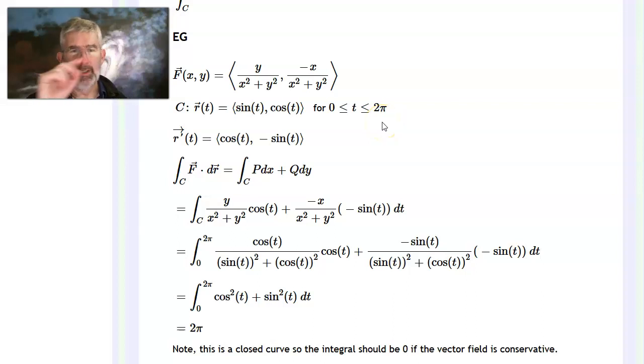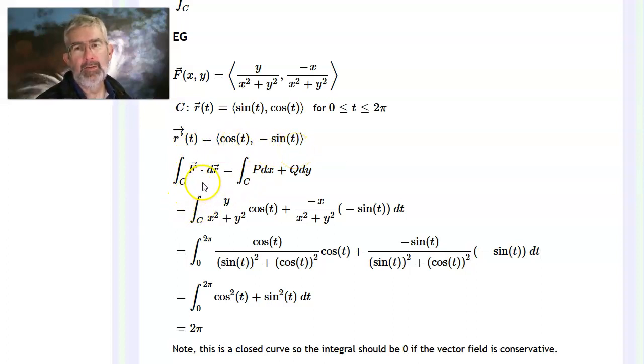This starts up on the y-axis and goes clockwise around the unit circle once. It starts and ends at the point (0, 1). If this is the parameterization sine t, cos t, then the derivative is cos t, minus sine t.